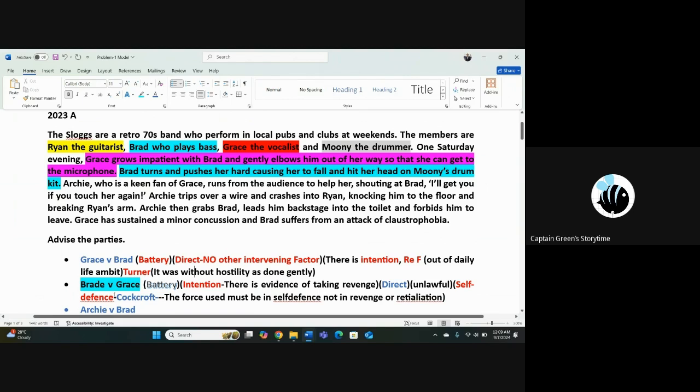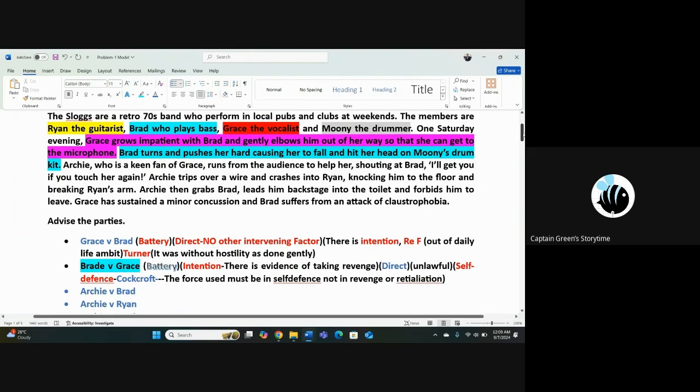However, now coming towards defenses applicable, Brad might use the defense of self-defense. However, you should write that we already wrote an argument that he did this only because of taking revenge.